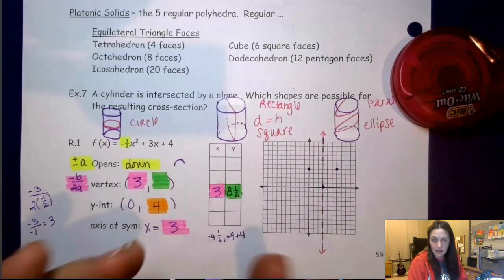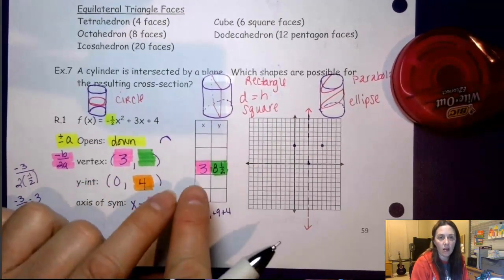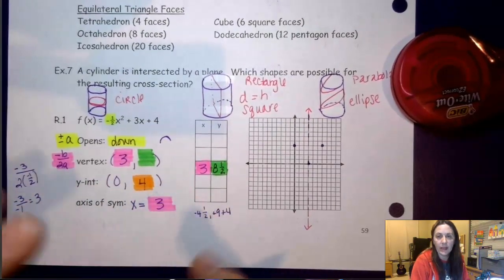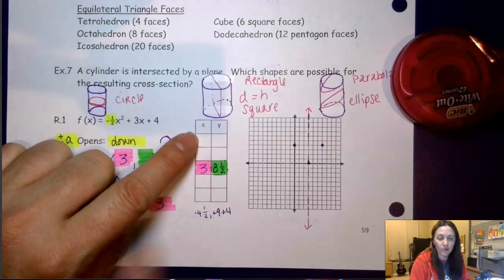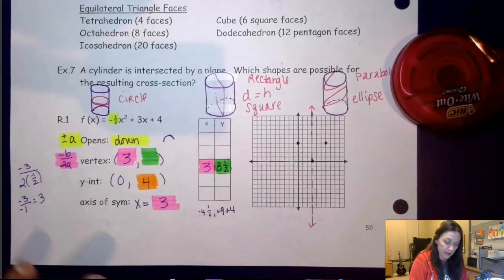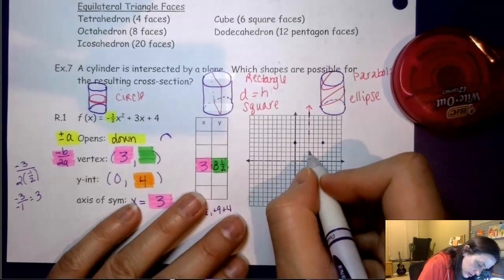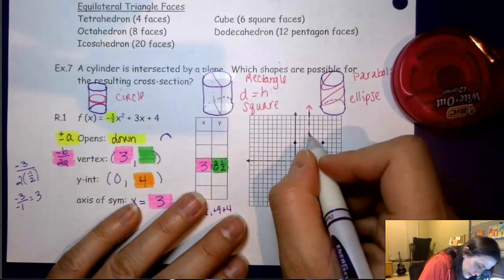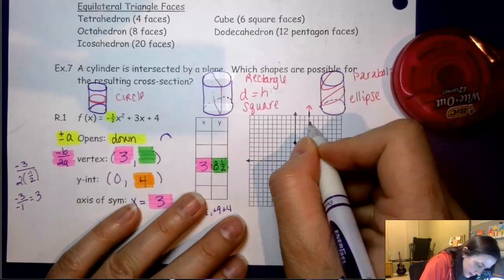Now, that's ugly, not really pretty, but the nice thing is that you would only have to get a fraction on that one point. You can choose points for the others where you're not going to end up with fractions, so that's nice. So I know this is going to be at 3, 1, 2, 3, up 8, 1, 2, 3, 4, 5, 6, 7, 8.5. I'm about right here.